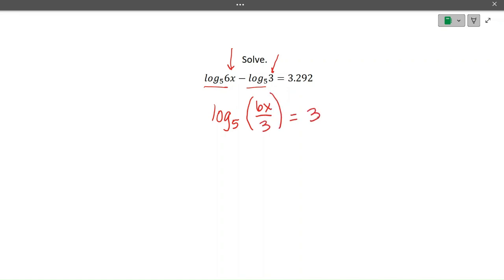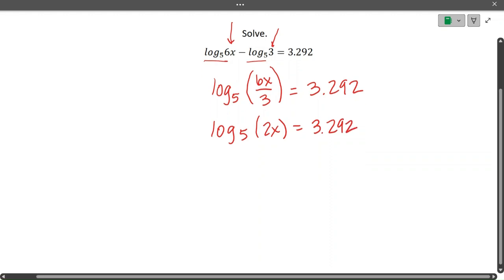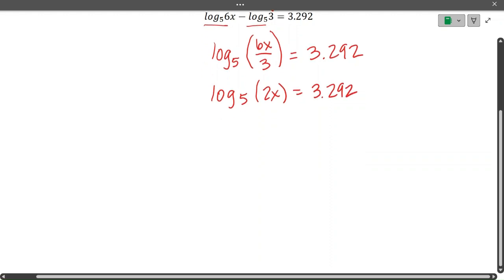Okay, and look at that. Not too bad. And now look what happens. We can simplify this into log base 5 of 2x equals 3.292.